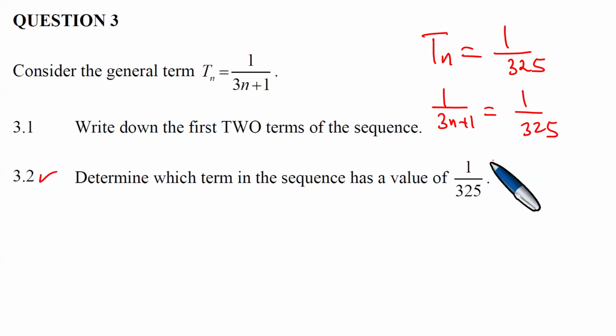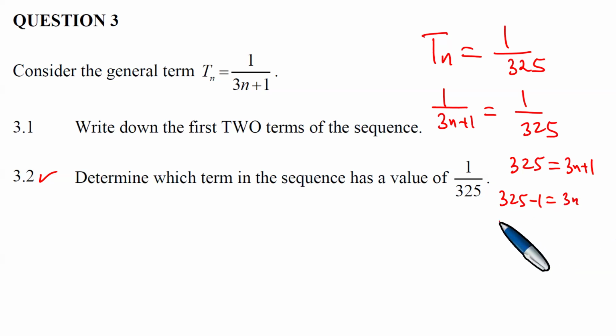So we cross multiply. We're going to have 325 times 1, or 1 times 325. What is 1 times 325? It is exactly 325, equals 3n plus 1 times 1. Then at this point, you have 325 minus 1, which is 3n, so we bring the 1 to the other side.